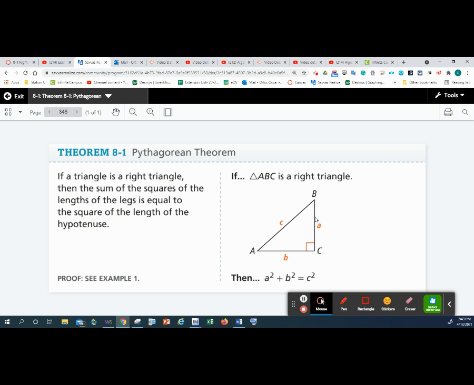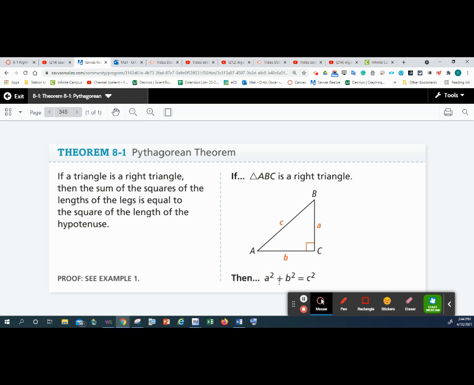The two sides making the right angle are called legs, and the other side, which is the longest, is called the hypotenuse. And this theorem says that when you add the squares of the sides making the right angle, then you always get the square of the length of the third side, right?